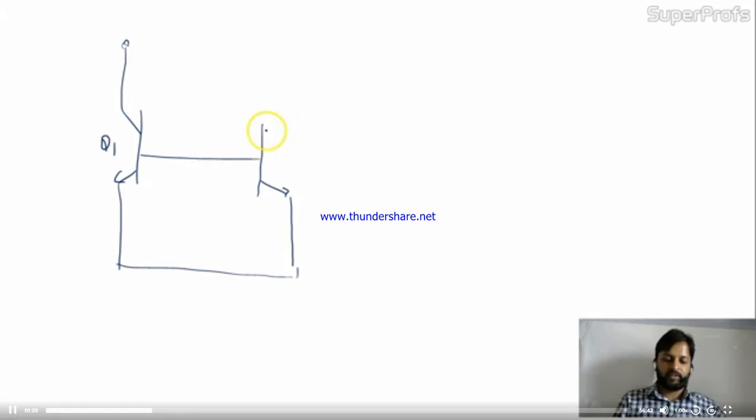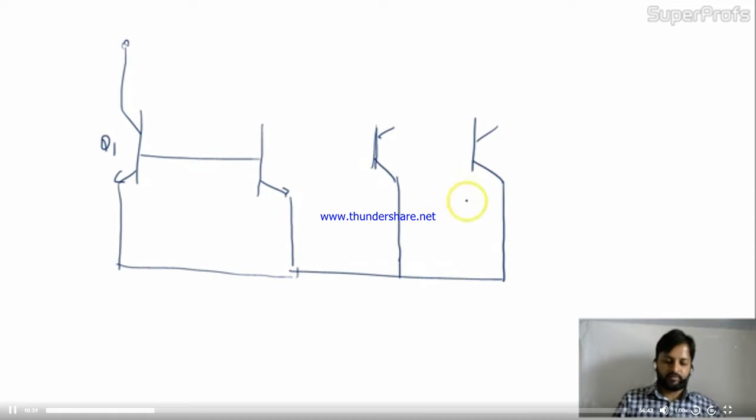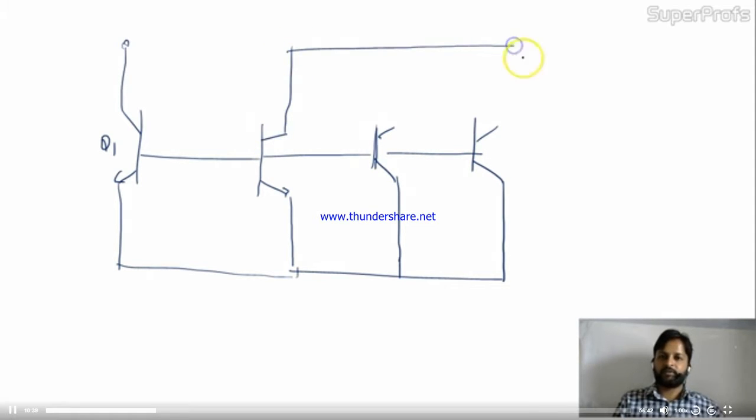At the output stage, I have a parallel combination of Q2, Q3, Q4, like this. All bases are connected. This is the collector terminal over here, over here, over here. And this is the common branch for all. This is the circuit, suppose.